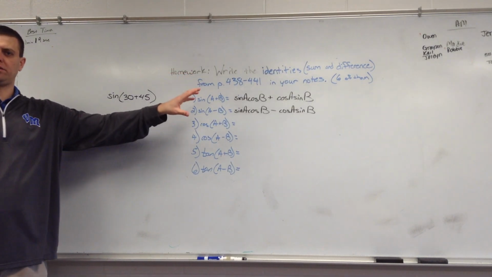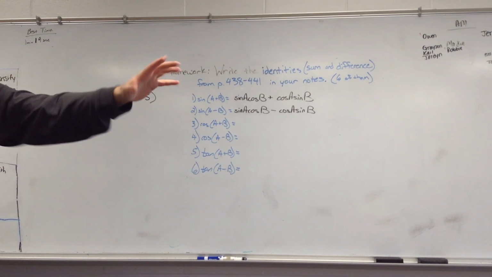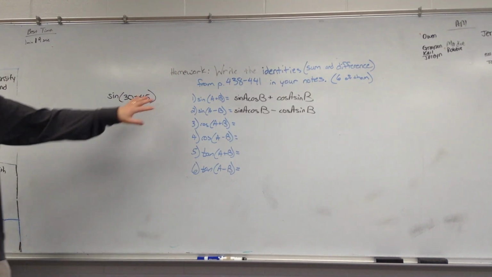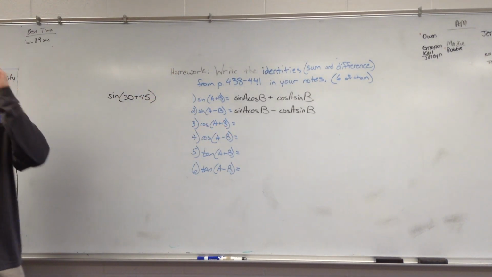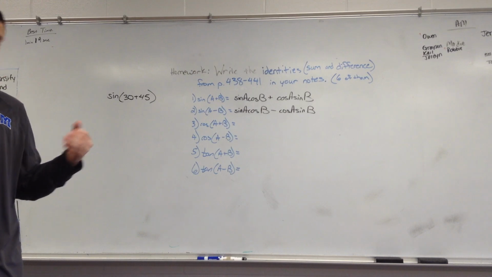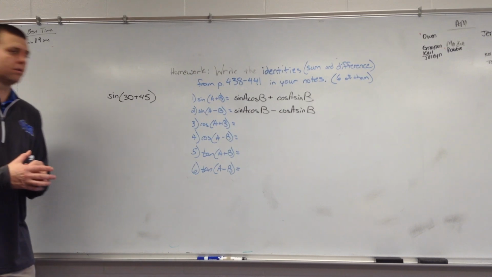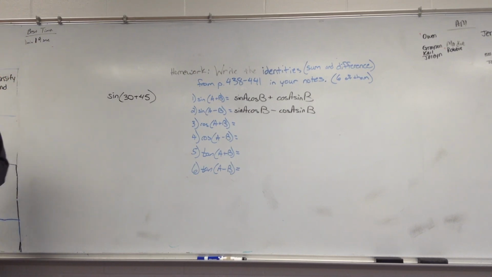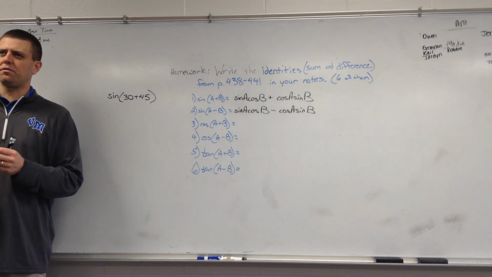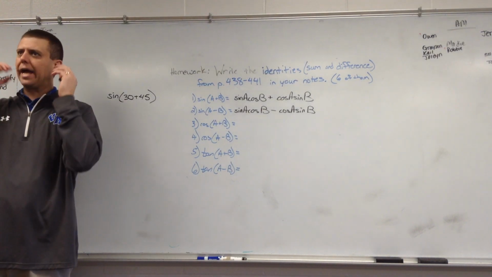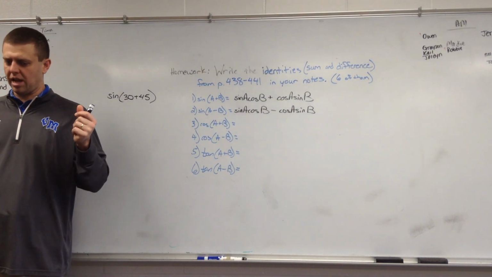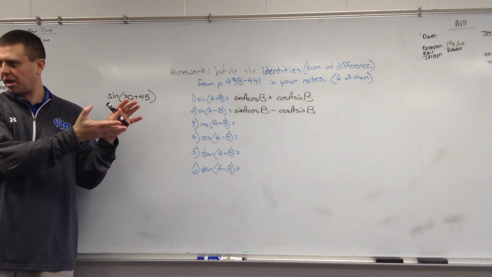There's a proof for this. I don't know that you care about the proof as to why these identities work. If there's time, I definitely could put that on there. In fact, maybe I'll add a video of that since I have to do a video anyway of the next set. The proof is not easy enough to where I can just come up with the proof and that helps me determine the identities.